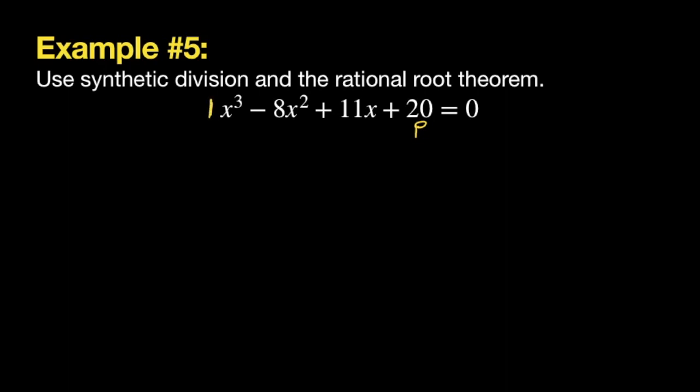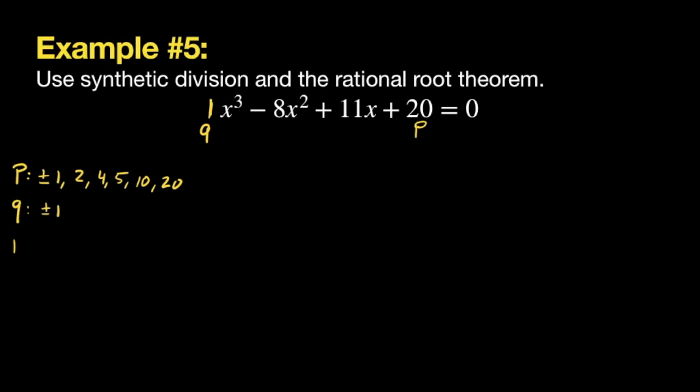We have an invisible 1, so that is going to be your Q. The possible factors of P are positive and negative 1, 2, 4, 5, 10, and 20. And the possible factors of Q, in this case, is just positive and negative 1.